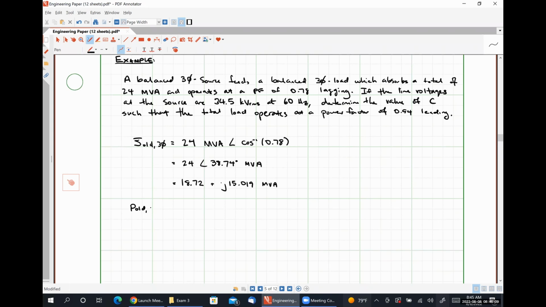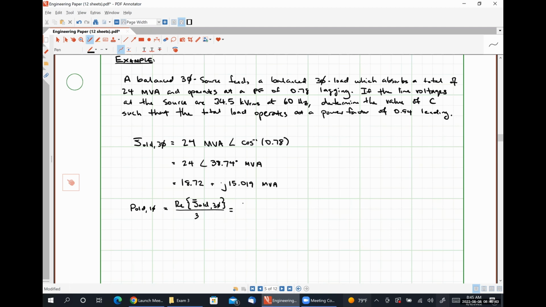P_old single phase, which is the quantity that we need to plug into our equation, is simply the real part of S_old three-phase divided by 3. Because for a balanced three-phase load, all three phases are going to contribute the exact same amount of average power.